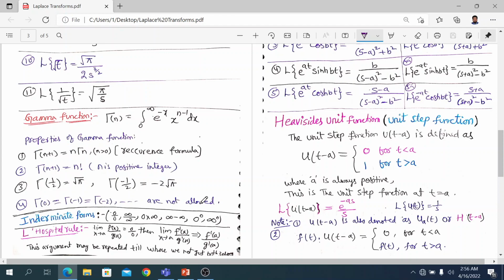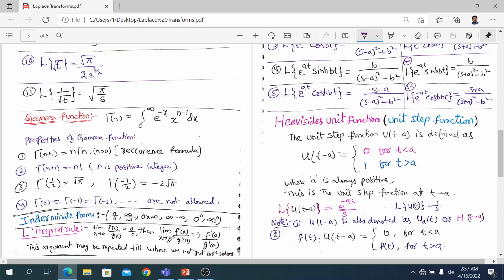Okay, as we know the indeterminate forms: 0 by 0, infinity by infinity, 0 into infinity, infinity minus infinity, 0 power of 0, infinity power of 0. Now if this case arises, we will use L'Hospital rule. What is this? Limit x tends to a of f of x by g of x: if we substitute the limit and you get 0 by 0 or any indeterminate form, then what you have to do is, limit x tends to a, take the derivative in the numerator and the derivative in the denominator.